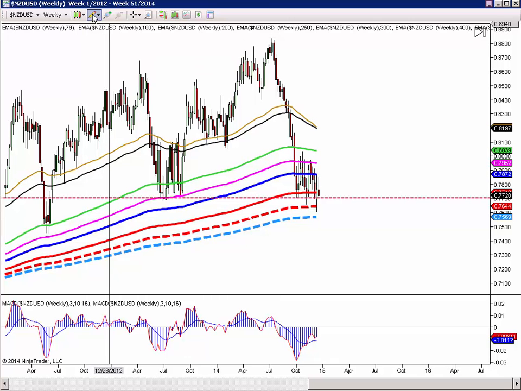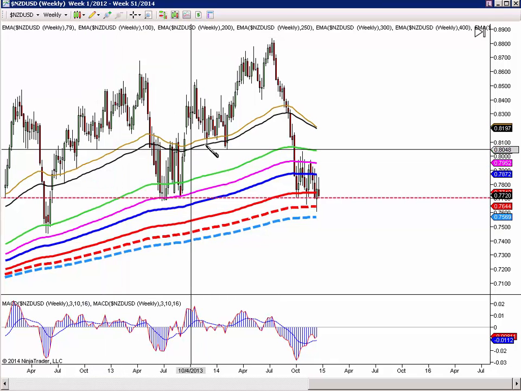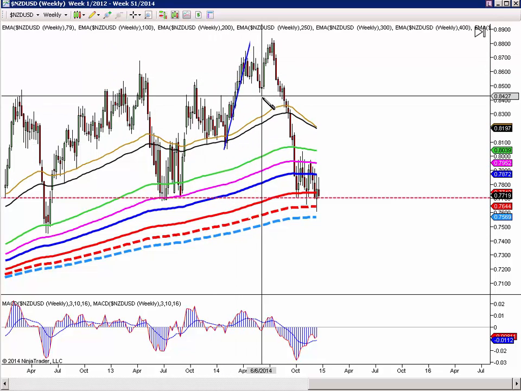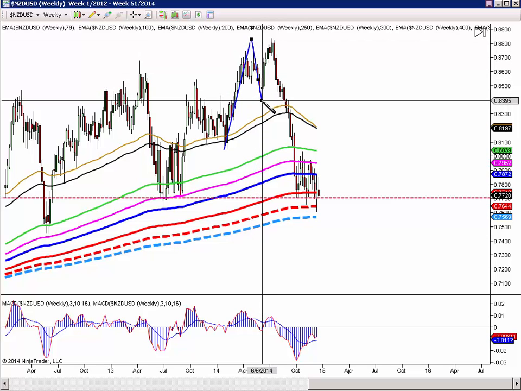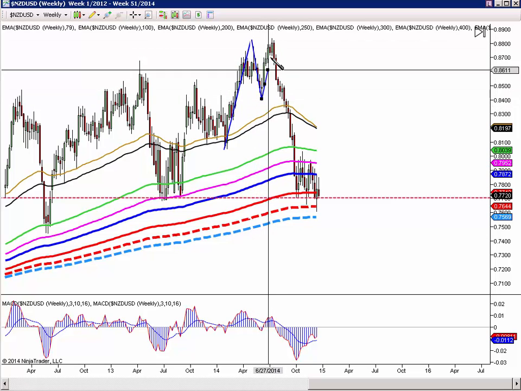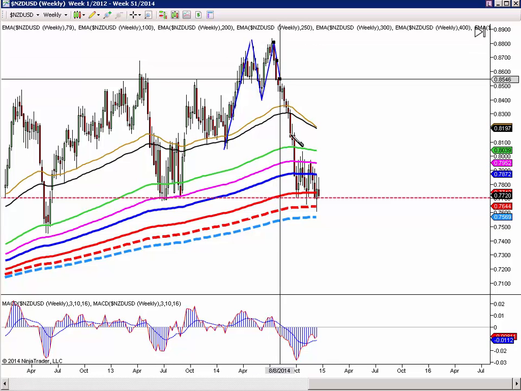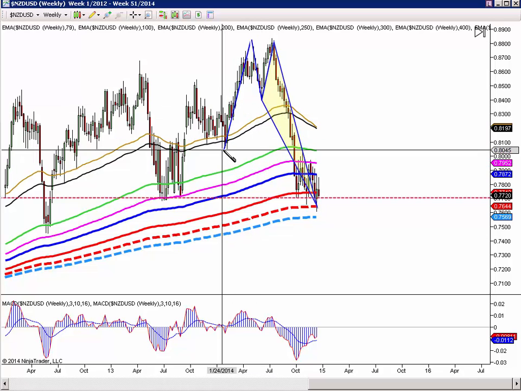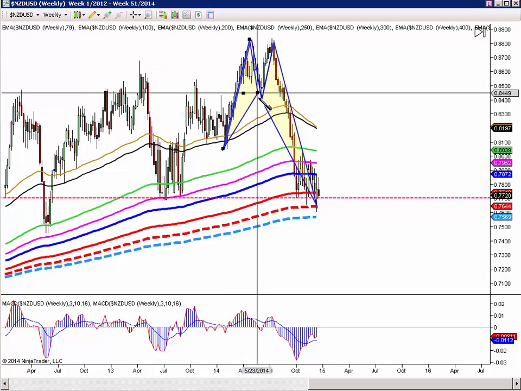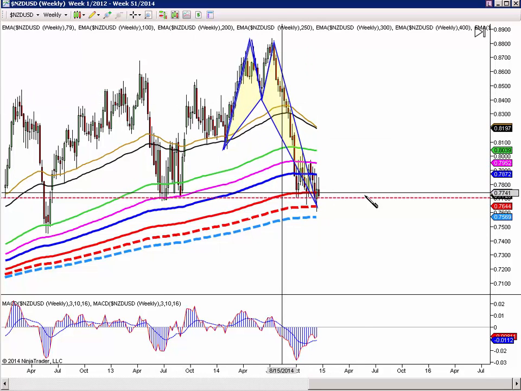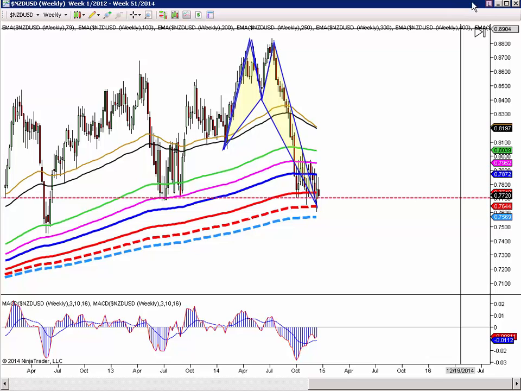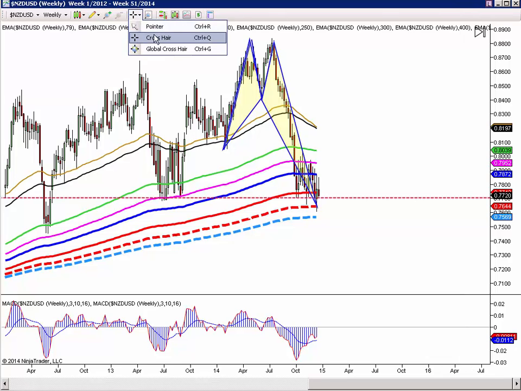So if we just take a look at our harmonic type of work, we can see this is one way to look at it. Right, so a big deep pattern came out of this, a big crabbish type of pattern right down into the zone. So we're now drilling it down to that hourly chart to see if the market can find support.